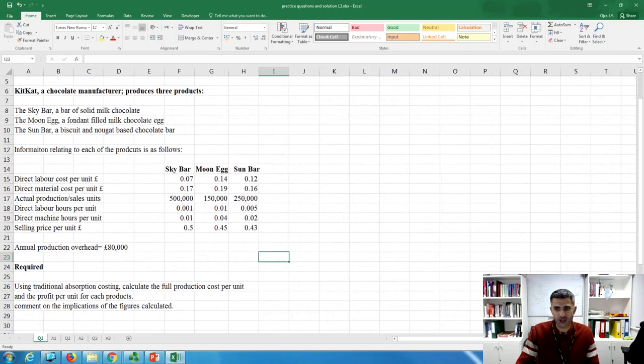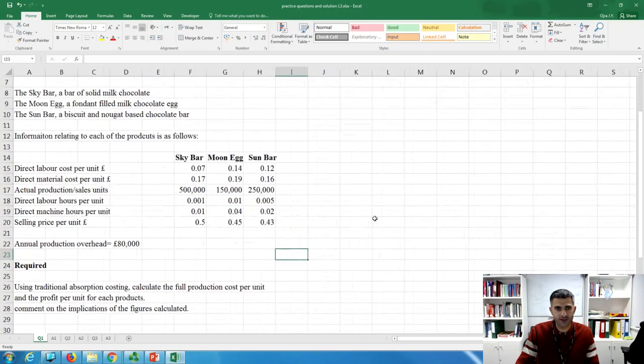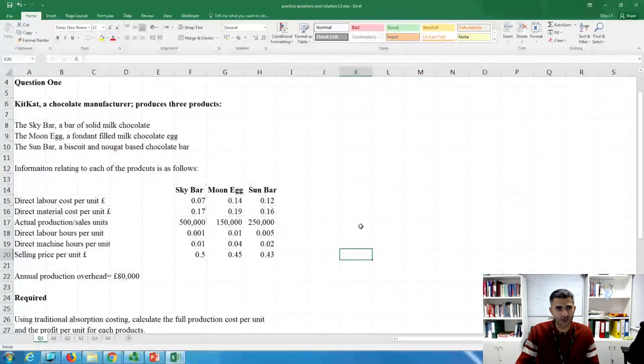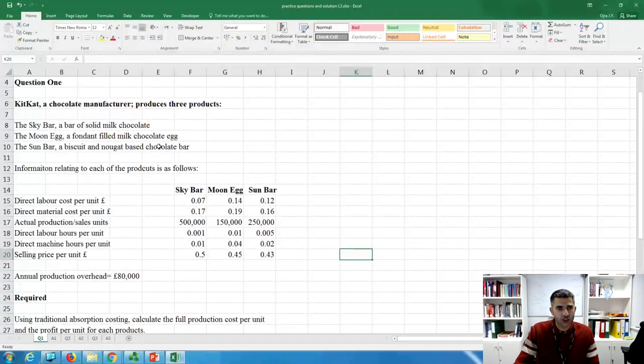Okay, look at this question, guys. This is the lecture example, question number 1. A KitKat chocolate manufacturer has 3 products here: Sky, Moon and Sun. Can you imagine?